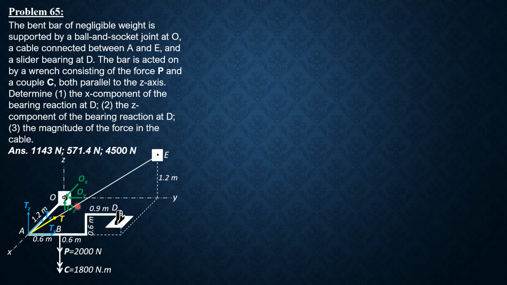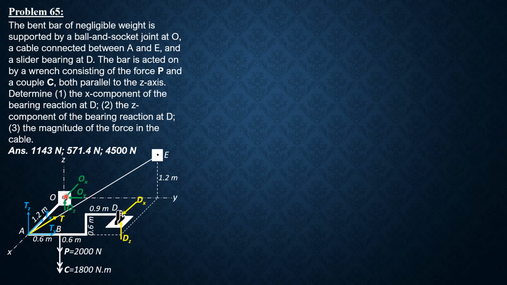Then bearing reactions at O, OX, OY, and OZ. And the bearing reaction at D, we only have DZ and DX. So let's assume that DX is forward and DZ is upward. So first we sum up moment about OX so that we can compute DZ.